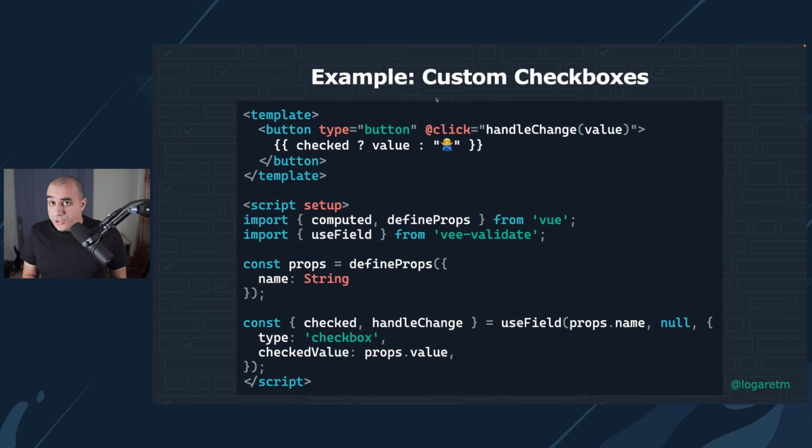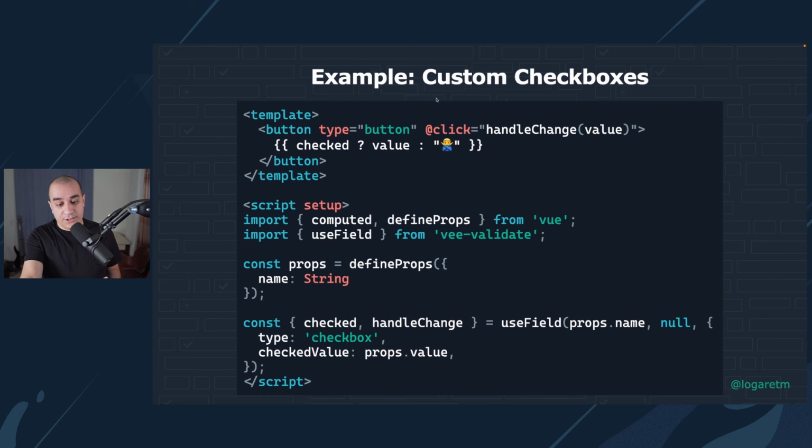Now, if you are not aware of that, this can make building this component really hard and pretty confusing, but vee-validate makes it really easy for you. For example, when you tell vee-validate that the field you are building is a checkbox, it automatically changes certain behaviors.